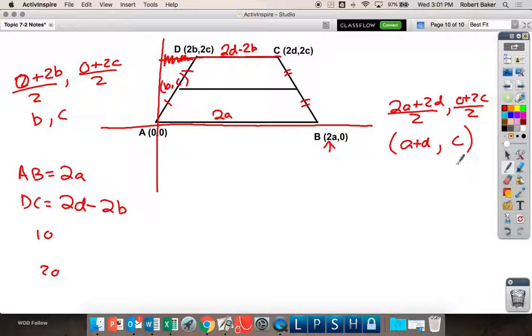Okay, we're almost there, guys, I promise. So to get to this location, it's go over A plus D and go up C. To get to this location, it's go over B and go up C. So how long is it from here to here? A plus D. And I want to eliminate this one small piece right here.